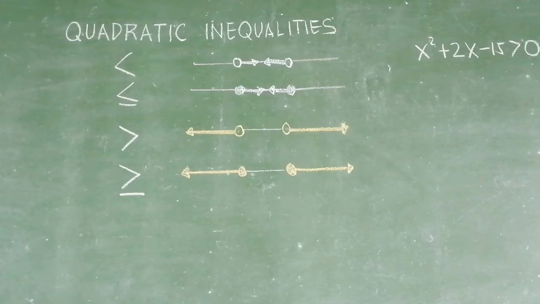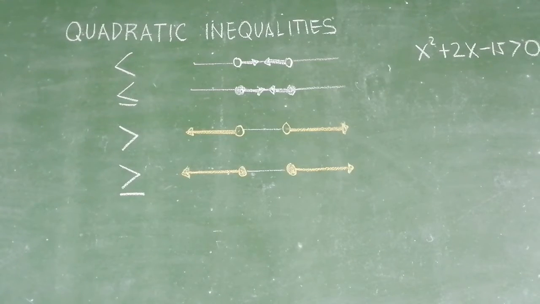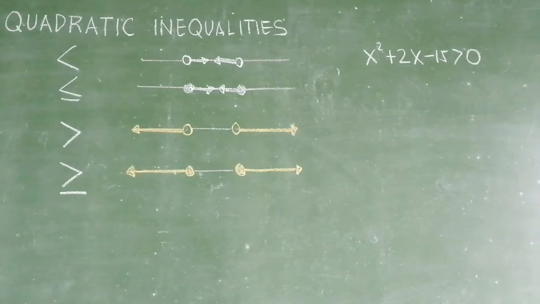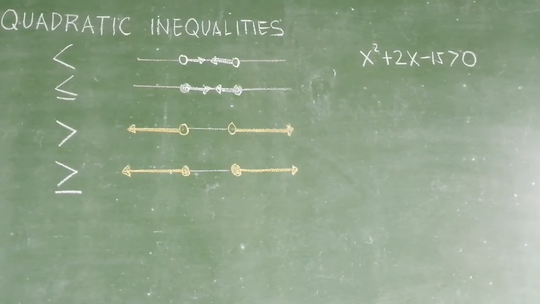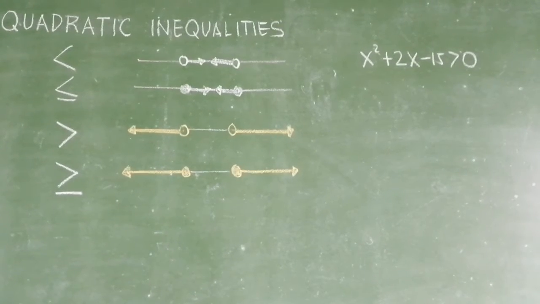The greater than or equal to, the solutions will also go in opposite directions on the number line. So the shaded circle is part of the solution. So we are going to take x squared plus 2x minus 15 is greater than 0.